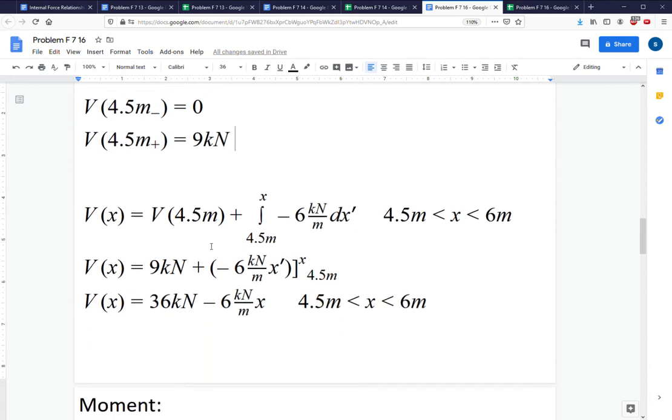So going into this last segment, the shear of x is starting at 4.5 meters, which is this 9 kilonewtons, plus the integral from 4.5 meters to x of our w function. Integrate that, evaluate it, and you get this is our shear function for that region.